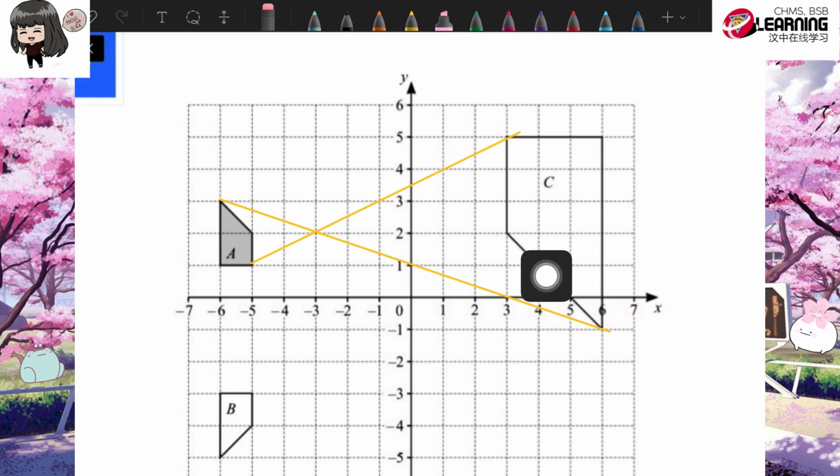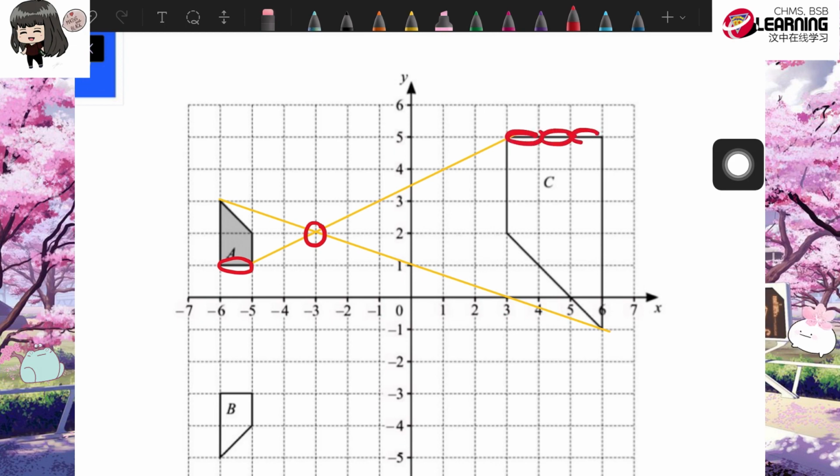Okay, and your center, how do you find center? Center is you need to connect one point to the other point, you draw a line, and the other point to this point also, you draw it out. And actually here you can draw it also. Okay, so there are 4 lines, but 2 lines is enough for you to find the center. So this is your center, and your scale factor is negative, and it becomes 3 times bigger, right? Okay, you see this one 1, here is 1, 2, 3.